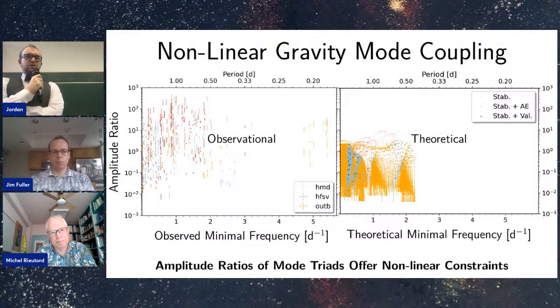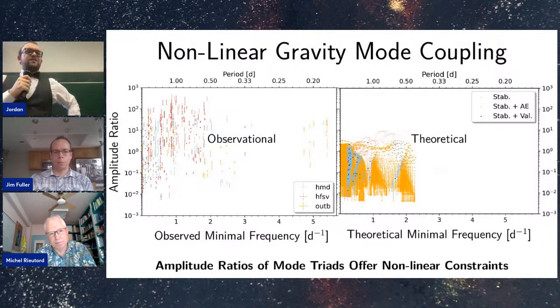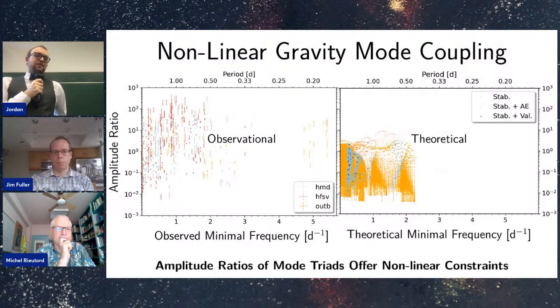Now, of course, this specific graph was made taking into account a specific interaction between specific modes. It's showing you a specific part of the amplitude ratio diagram, let's say, that can be used to explain these specific interactions.